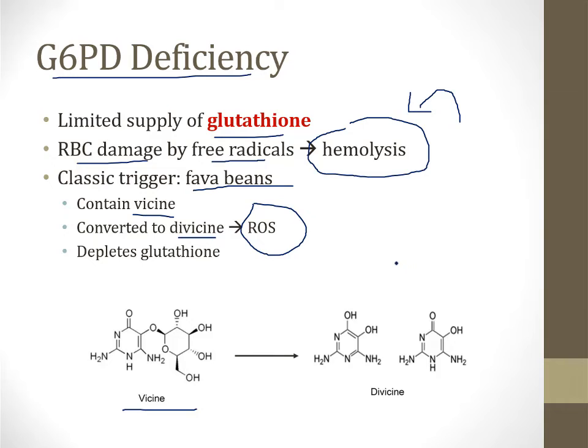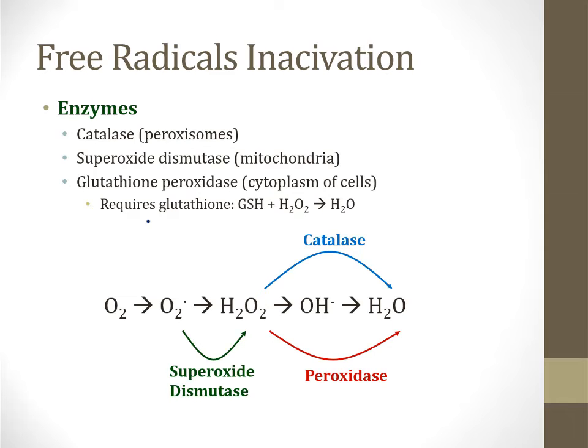So first of all, when you eat fava beans, you generate more reactive oxygen species and more free radicals. In addition, our cells try to inactivate the reactive oxygen species by using glutathione, but these patients have a limited supply, and therefore they run out of glutathione and they suffer from hemolysis. If we go back to this slide, one of the mechanisms for free radical inactivation is the enzyme glutathione peroxidase.